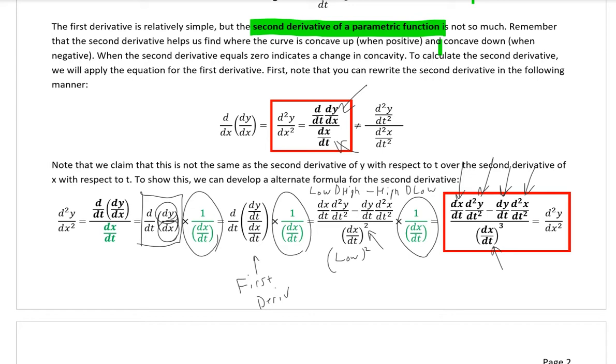A lot of the first derivatives are going to be ugly quotients, which is going to take extra work. I think that if you just take the first and second derivative of x and y initially and plug those in appropriately, that'll be a little bit more simple to do. You'll see a couple examples of that moving forward.